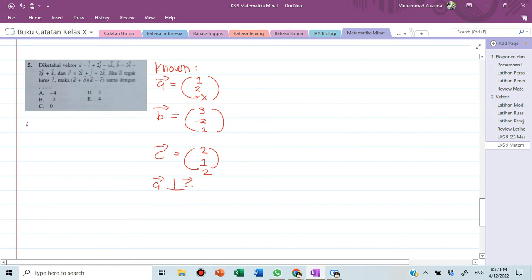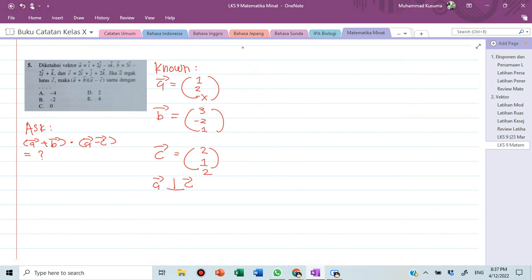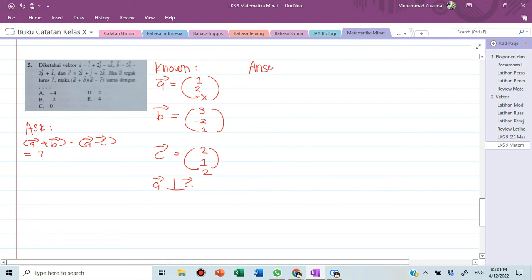Then this is the question: (a + b) dot (a - c) is equal to what? What is the value of this? Now we have to answer it. Okay, let's answer it.